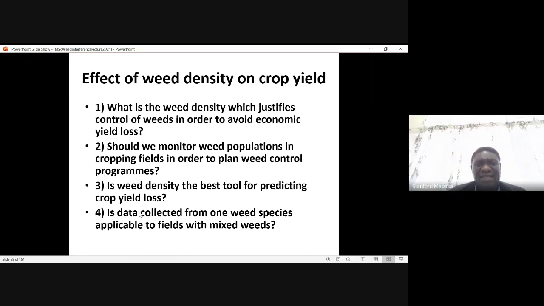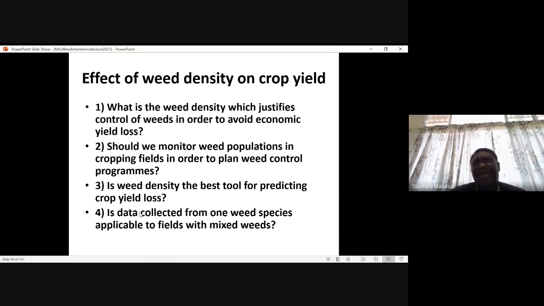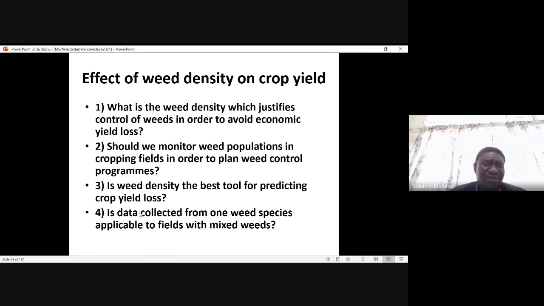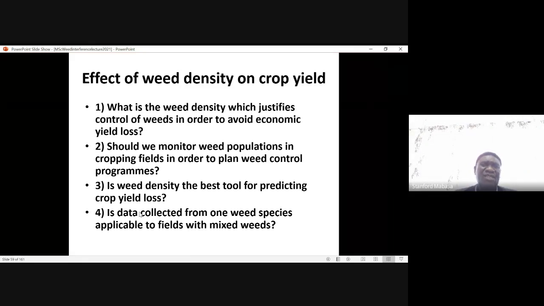Well, is the weed density the best tool for predicting crop yield loss? Because sometimes we are studying one weed at a time. And when you are in a real situation, there are a lot of weeds in a given field. So if we use one weed in a study, does this give us a good estimate of crop yield loss?